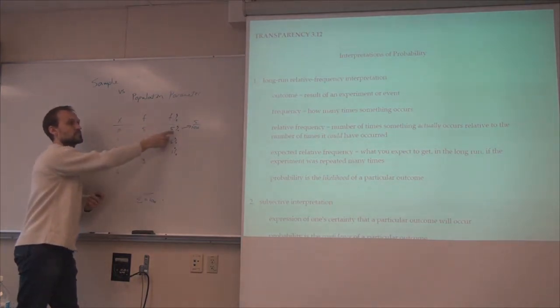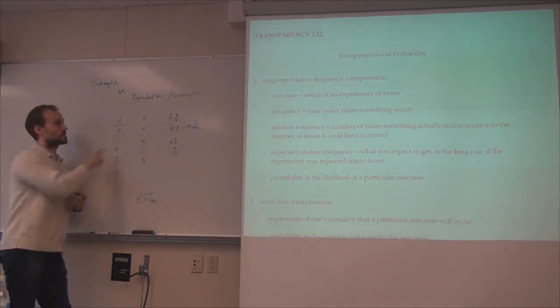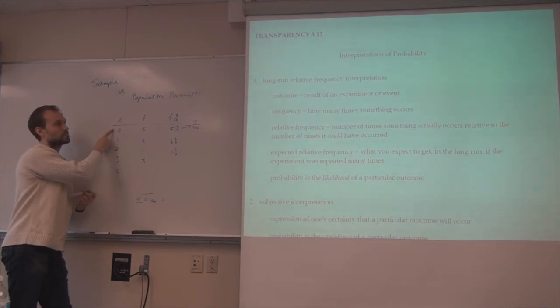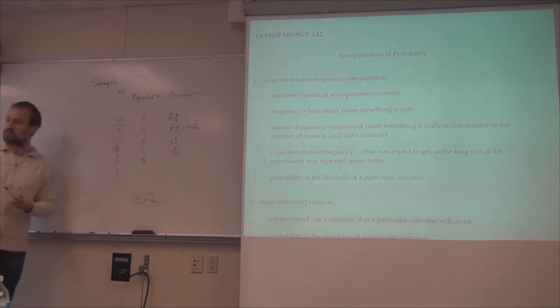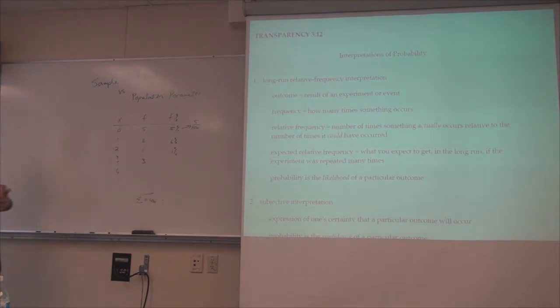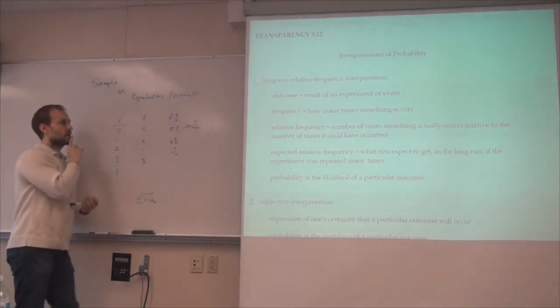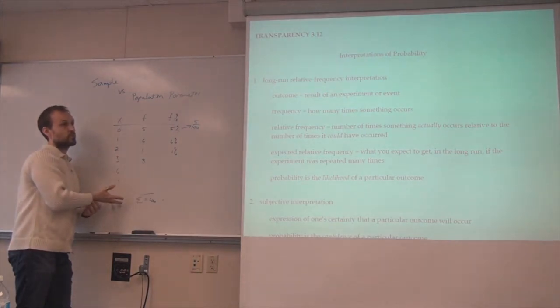So the relative frequencies will be an indication of how likely it is to get someone with that outcome, that result. Now, if my sample is representative of the whole population, then I can say, okay, this is representative of what people would do in general.